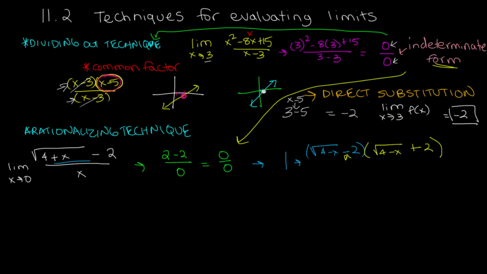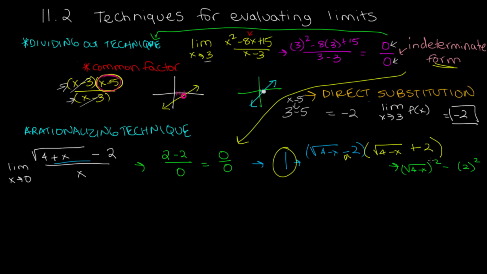And because of that, we essentially now have a difference of squares. So we have the root of 4 minus x squared minus 2 squared. So this will cancel out the roots.